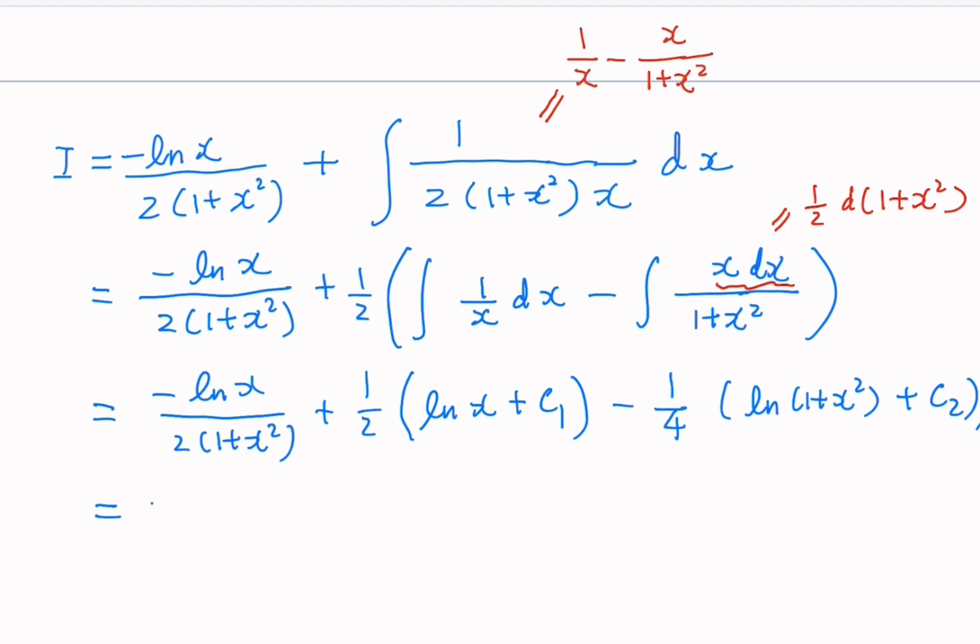That is log x over 2, and for this term that would be 1 minus, and this term here is 1 over 1 plus x squared, and this constant we're going to fold into the constant here.